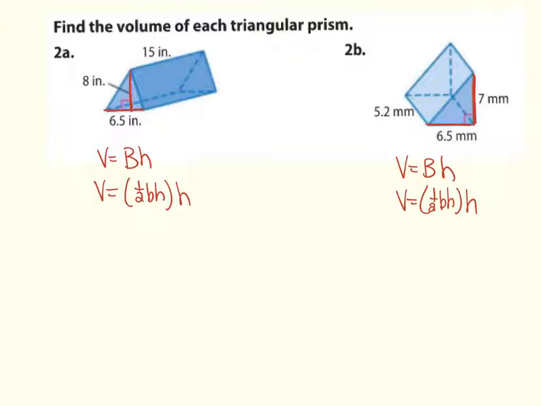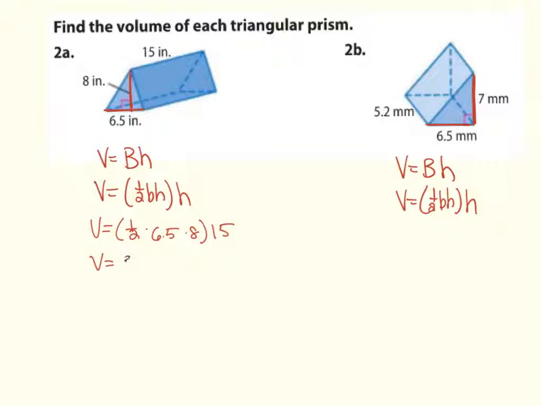Alright, let's go ahead and substitute what we know. We've got 1/2 times the base, which is 6.5, times 8, times the height of the prism. Go ahead and multiply all those straight across on your calculator.